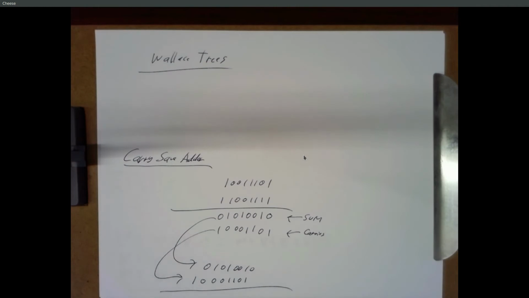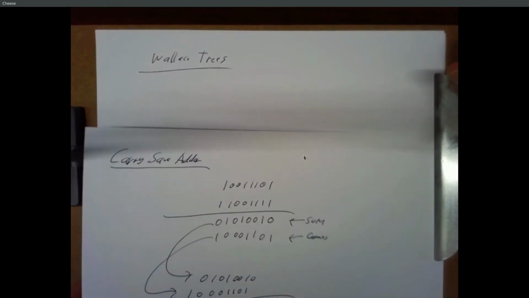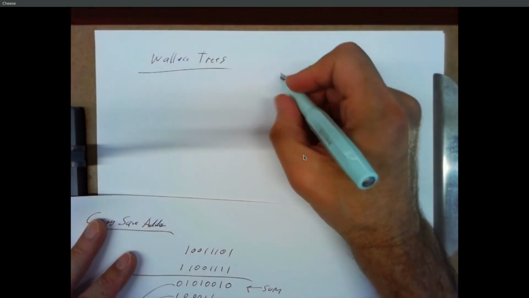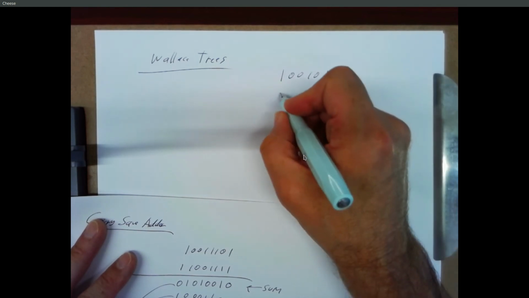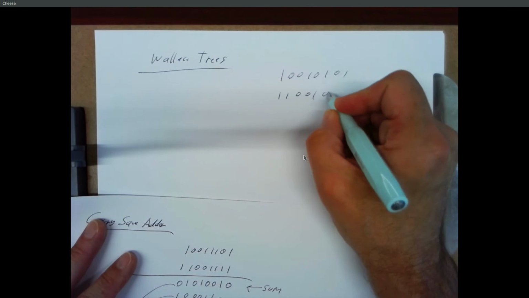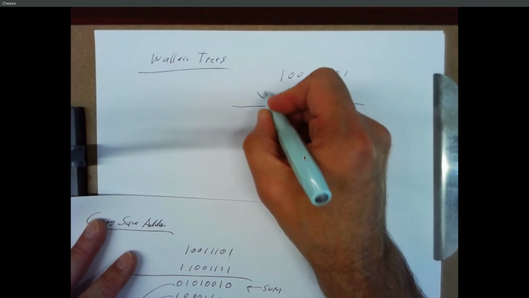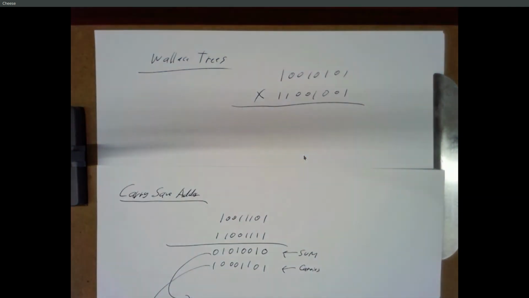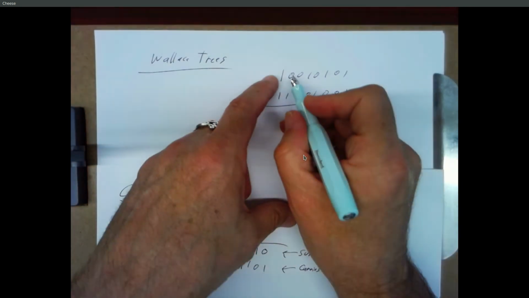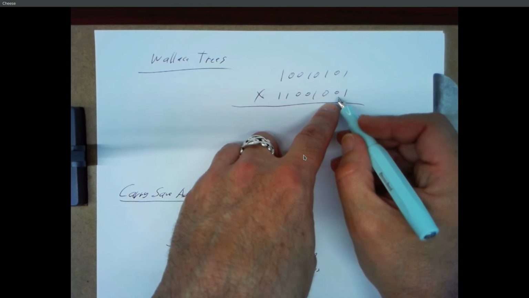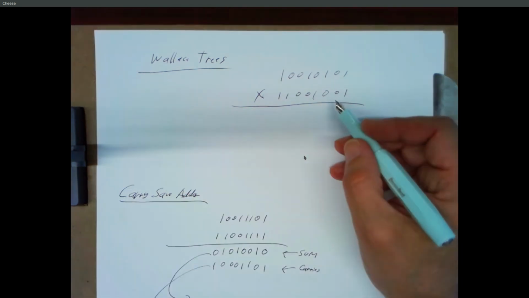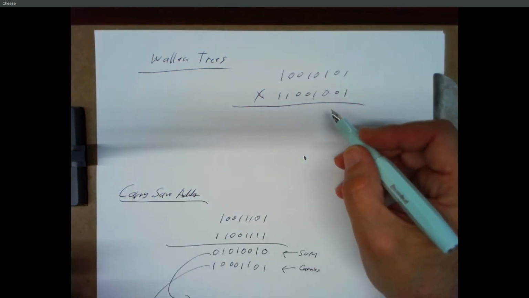And here's the idea. You've got two numbers you want to multiply. So, pencil and paper multiplication, right? What do you do? You take your first number, you multiply by this digit, and you write it down. Take your number and multiply by the second digit, write it down one spot over, and so on. Well, this is easy in binary.